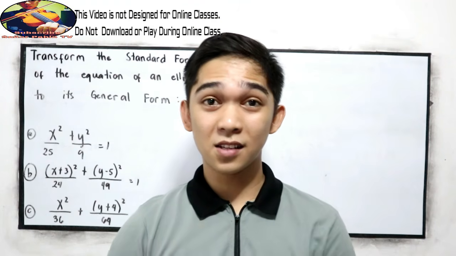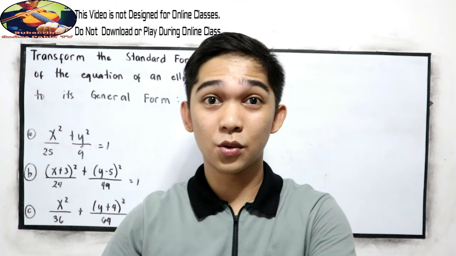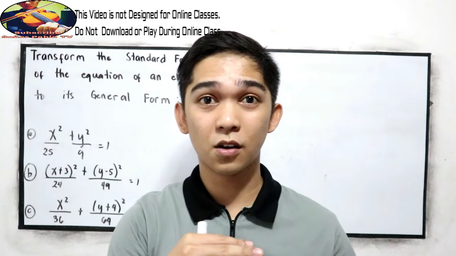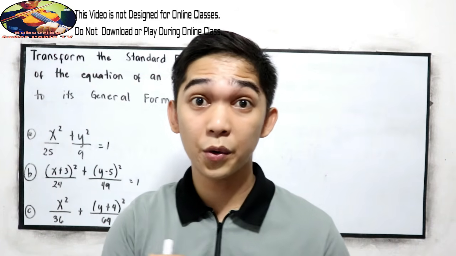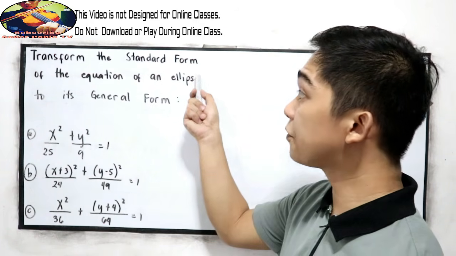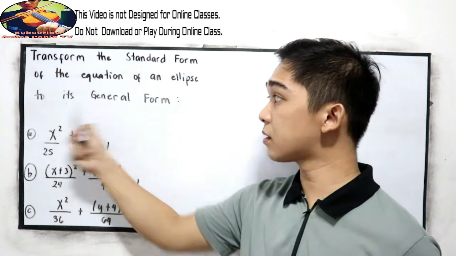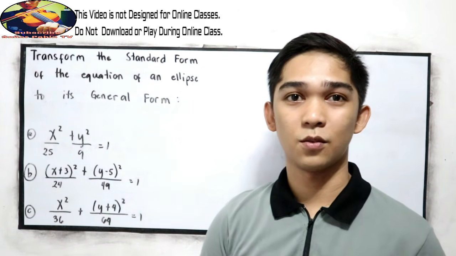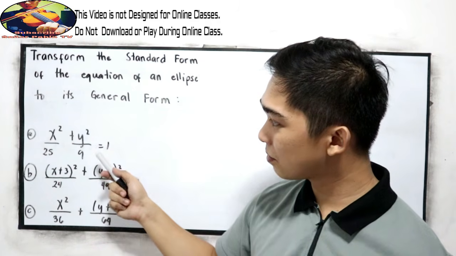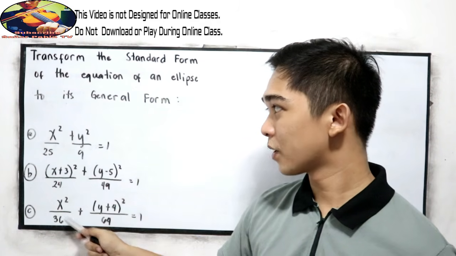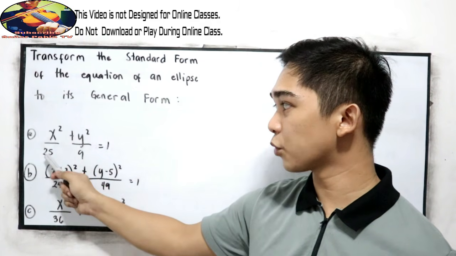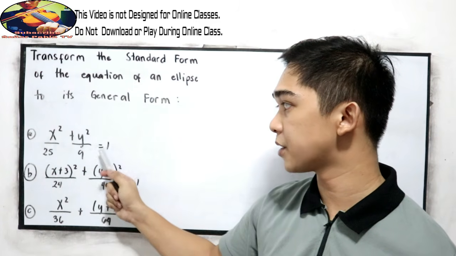So after discussing general form to standard form of the equation of an ellipse, now we're going to discuss standard form of the equation of an ellipse to its general form. We have letter A, B, and C. For letter A, x squared over 25 plus y squared over 9 is equal to 1.